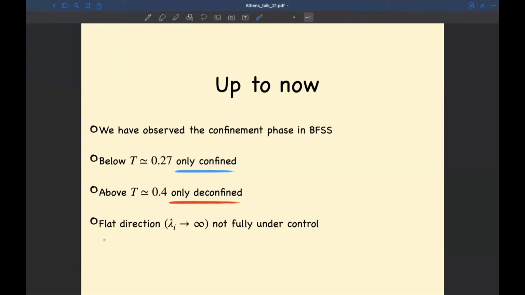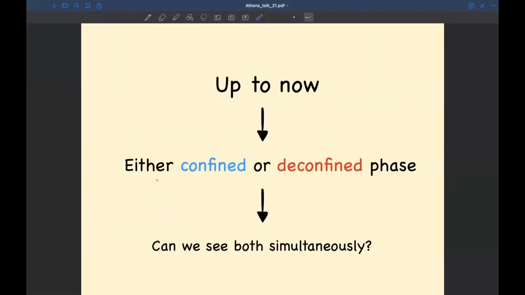But in this particular case, for the BFSS model, the flat direction is not fully under control. So again, up to now, we can study either the confined or the deconfined phase. But the question I want to ask now is, can we see both simultaneously? And the answer will turn out to be yes. But for this, we have to use another model.